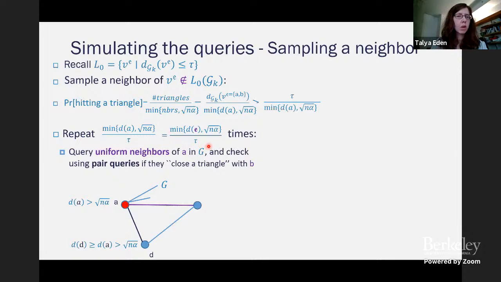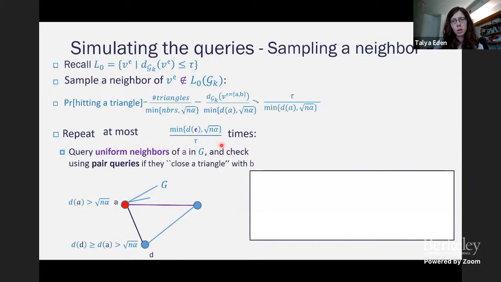So actually everything same as before holds. So if we repeat these many times, we know that with high probability, we'll see a triangle. So we just repeat everything we said before at most these many times. And then with high probability, indeed the triangle will be sampled.